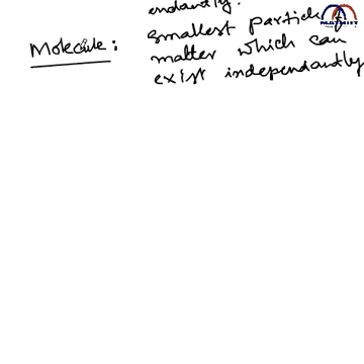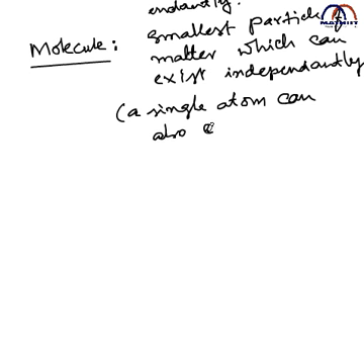Generally, a molecule is a combination of two or more than two atoms, or else a single atom can also behave as a molecule if it has independent existence. It is not compulsory that a molecule should contain two or more than two atoms.